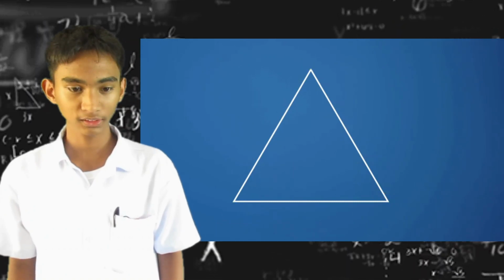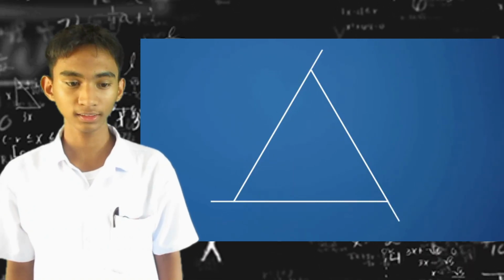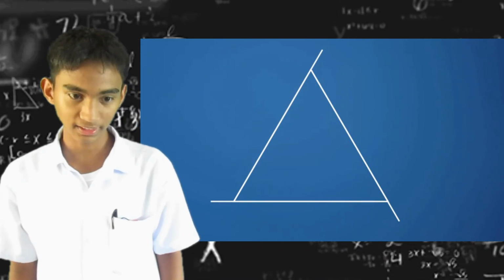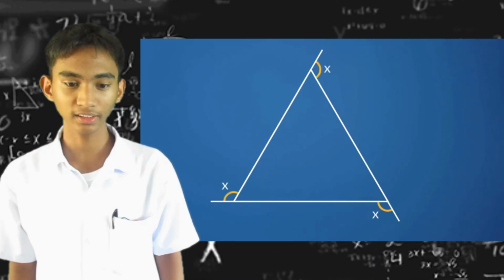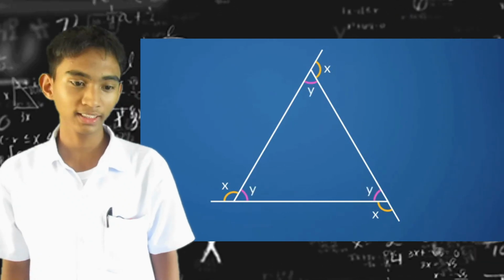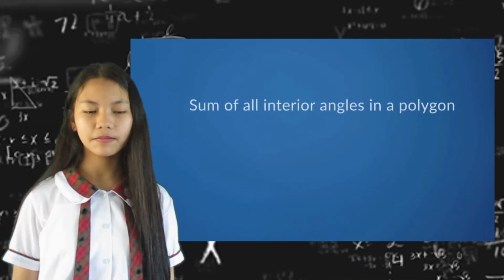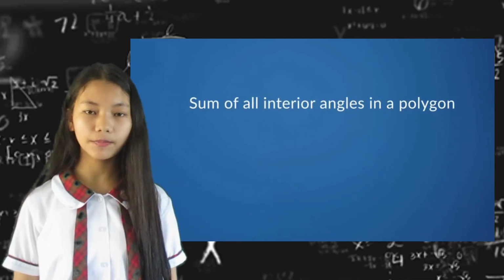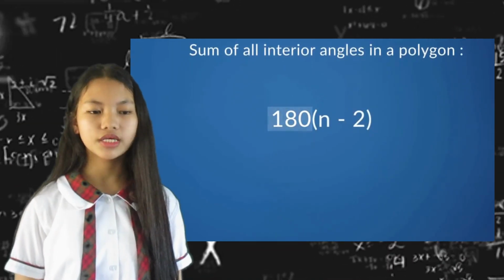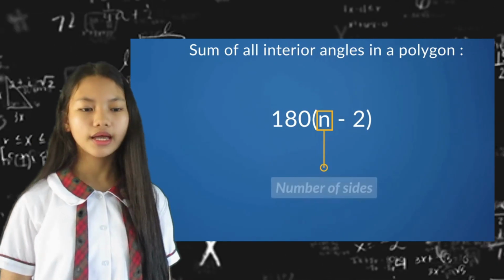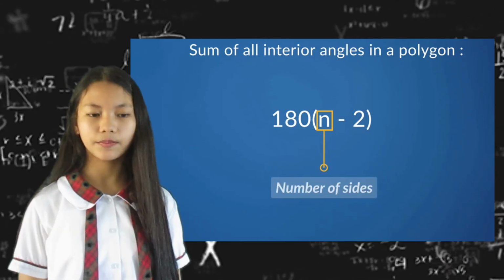So, if we just choose a direction and extend each line, we'd notice that its exterior angle along with its interior angle will be 180 degrees in total. Now, here's something interesting. In order to find the sum of all the interior angles in a polygon, all we have to do is 180 multiplied by n minus 2, where n is the number of sides in the polygon.